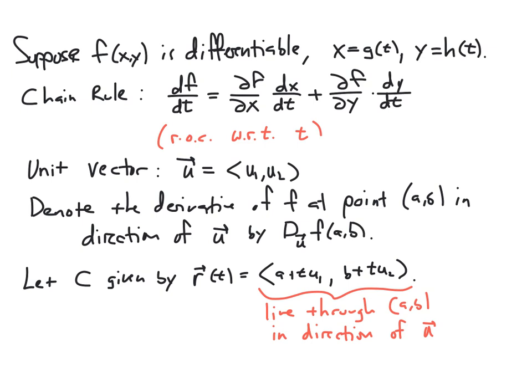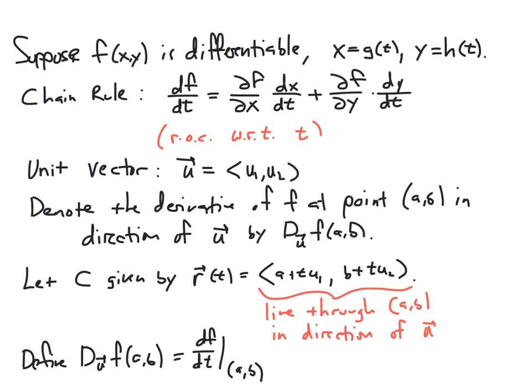With this curve parameterized in this way, we can define this directional derivative to be the derivative of f with respect to t, which we computed above with the chain rule, evaluated at the point (a, b).